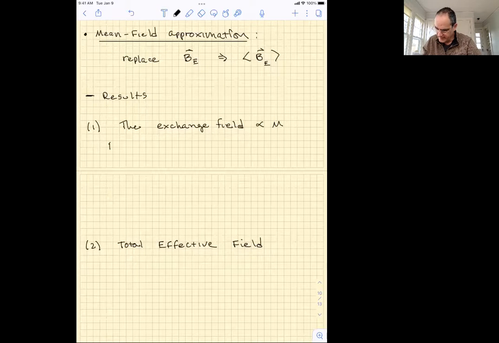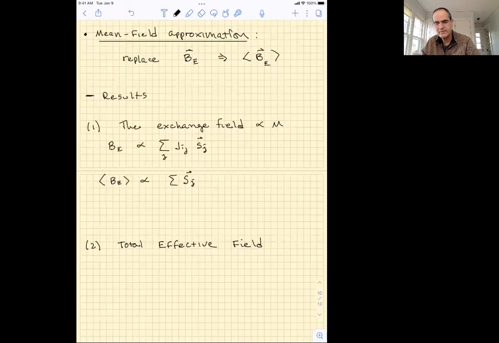The actual exchange field was proportional to a sum over all the ions of the exchange interaction with ion I times the angular momentum for ion J. But the average exchange field is just proportional to the sum over all of the angular momenta, because the exchange interaction is kind of average.